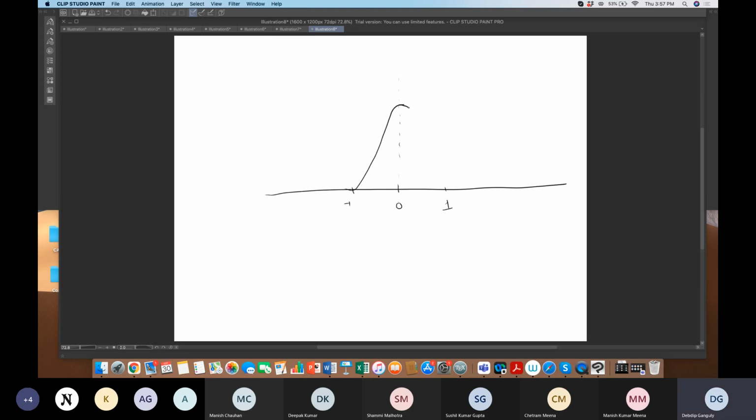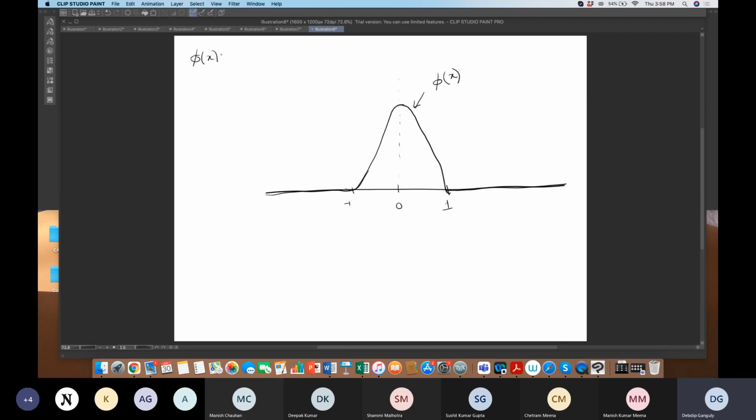It takes the value peak at mod x equal to 0, then it comes at 1 and then it is 0. Is that clear? This is the function phi x. What is phi x? Again I am writing.